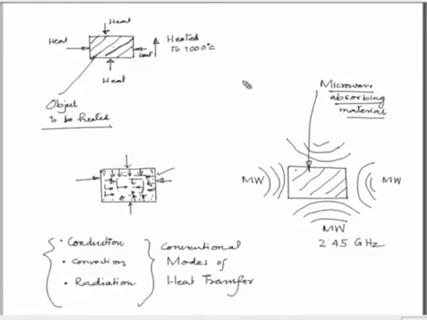here almost all the points or the volume of the material will get heated up almost simultaneously. That means, this phenomenon of getting heated layer by layer or transferring of heat energy from the outermost layer to the innermost layer does not apply in case of microwave heating.